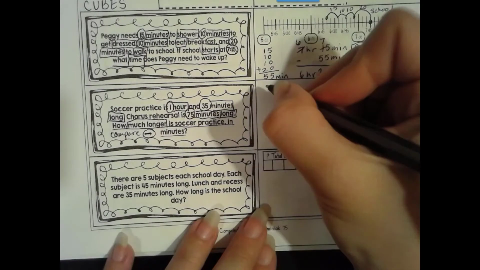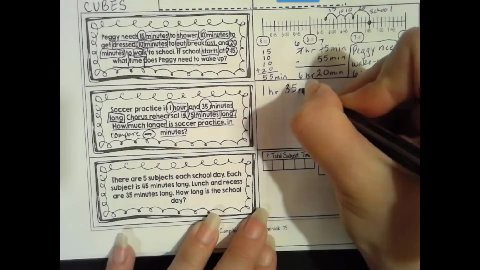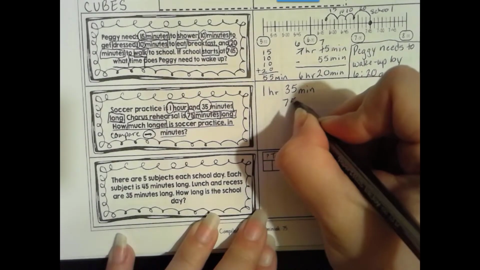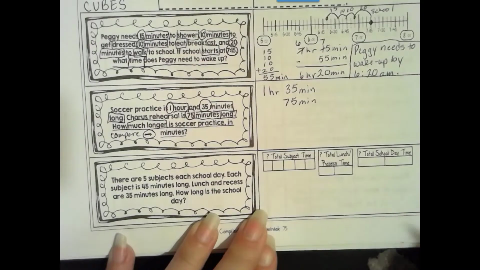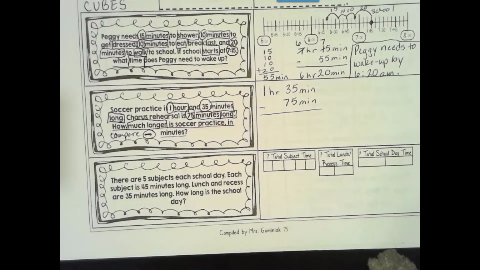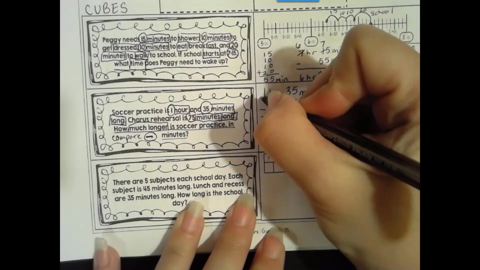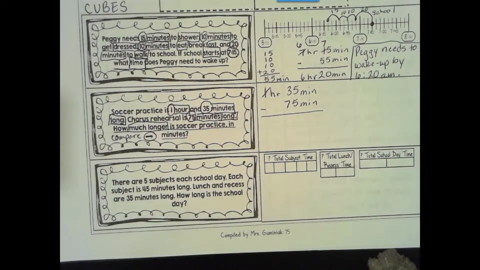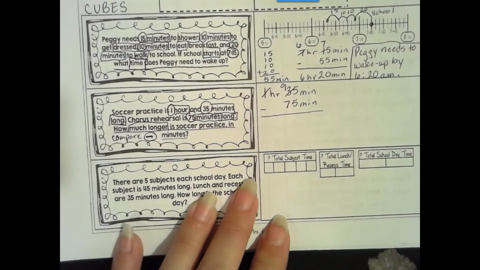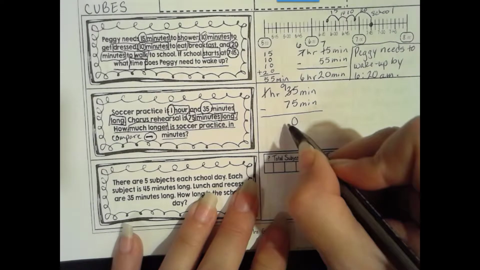So soccer practice is 1 hour, 35 minutes. Chorus is 75 minutes. That subtraction doesn't quite work. I have to regroup. So I take this 1 hour. How many minutes are in an hour? 60. 60 plus 30 is 90. 5 minutes, take away 5 minutes is 0. 90 minutes, take away 70 is 20.